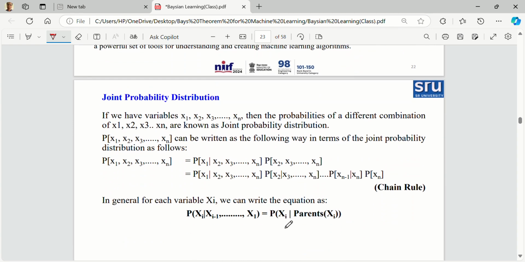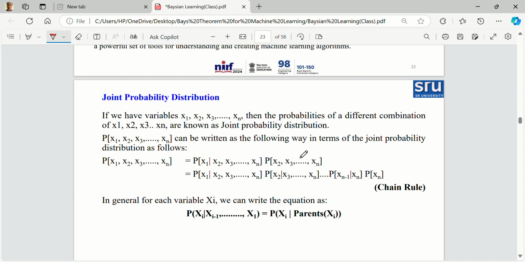Joint probability is the concept of combining multiple events or multiple variables to form the conditional probability chain. Suppose you have n variables x1 to xn, then the probability of different combinations of x1, x2, up to xn is known as the joint probability distribution.